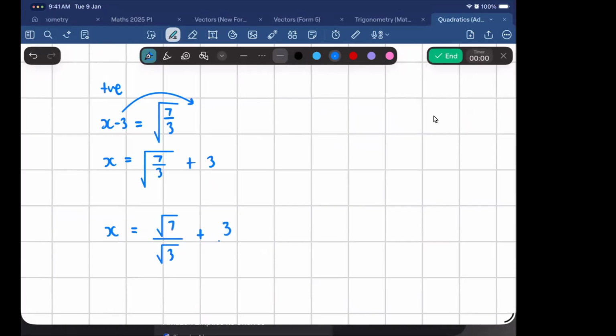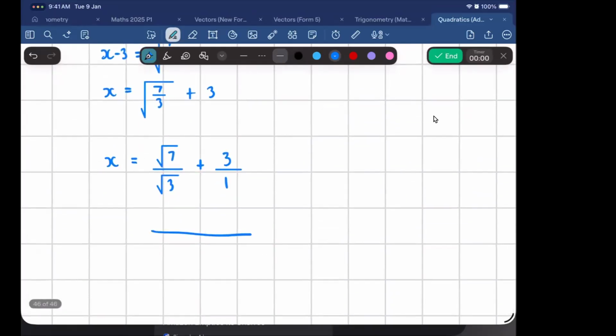Now, let's find the LCM for this. What do you think the LCM is, Zachary? If I have √3 and 1, the LCM would be root 3. How many times root 3 goes into root 3? 1 time. So root 7 stays as root 7.